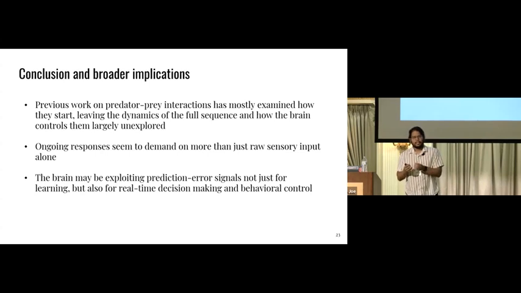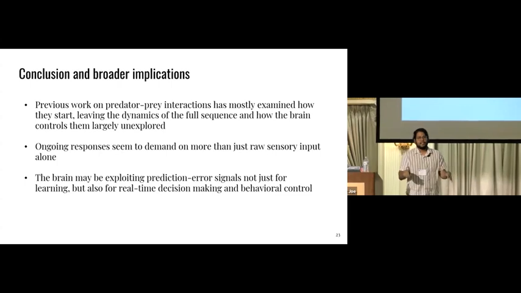Maybe these organisms are using this general phenomenon of prediction error to make these decisions. So it's not just limited to zebrafish. We believe it could be expanded to other animals, especially the ones which use visual stimulus. Like all the experiments you saw did not involve any kind of auditory stimulus. So anytime you have an organism which uses visual stimulus, we think maybe they're using something similar. So yeah, there is a more general result there.